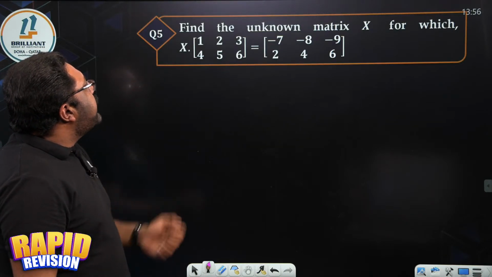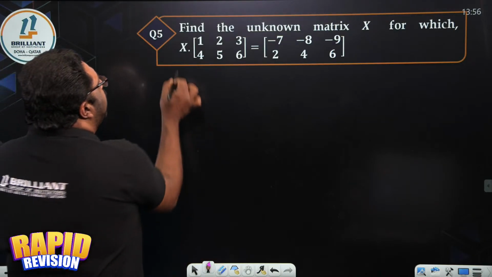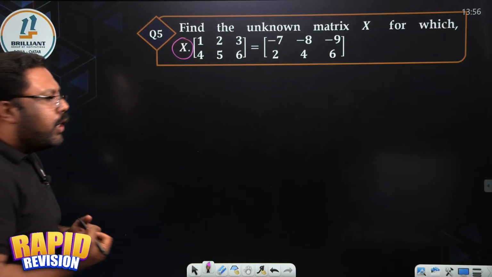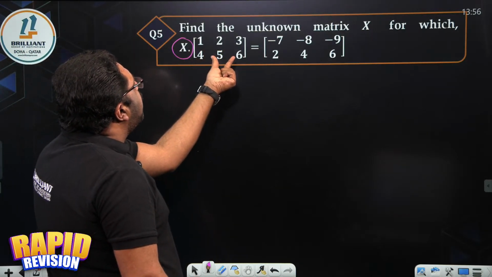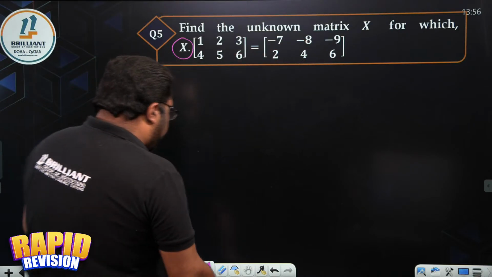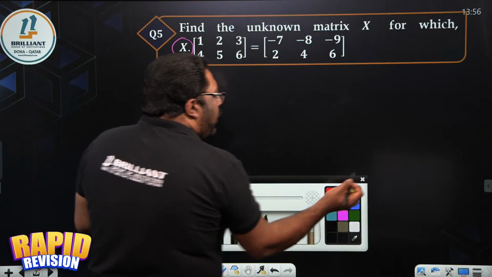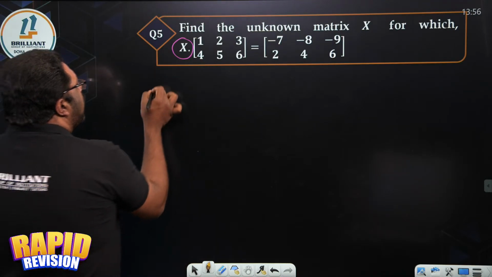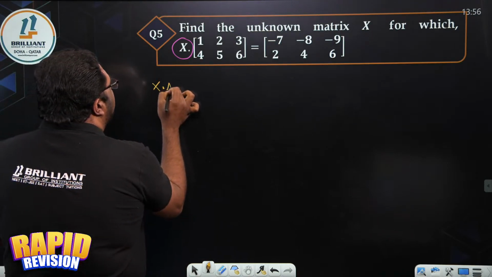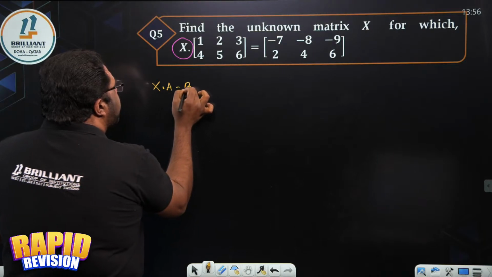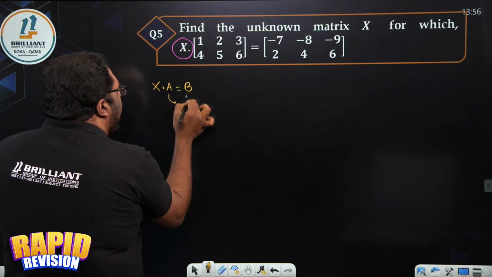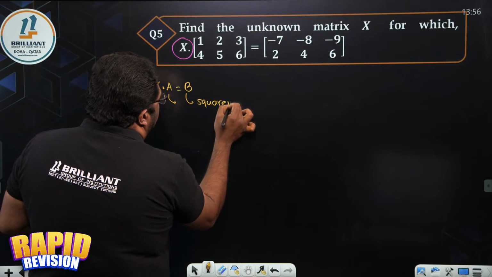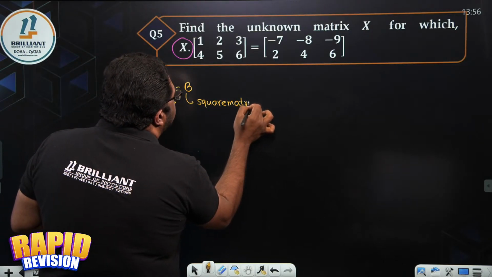Now I'm going to the next question. Find the unknown matrix X, which is going to be multiplied with another matrix to get a third matrix. Here the problem is it's not a square matrix. For example, if I'm multiplying X with A and getting the answer B, and here A and B both are square matrices, then it is pretty easy, my dears.